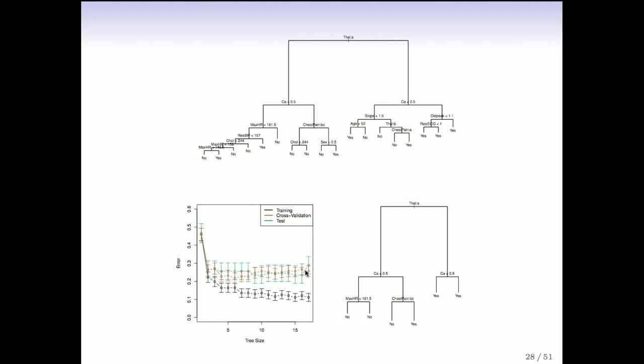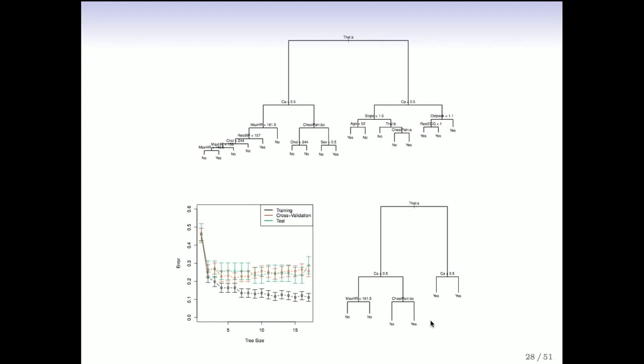The cross-validation and test error, we had a left-out test set here as well. Those curves look pretty much the same, and we end up seeing that a tree size of around about 6 tends to do well. These bars on these cross-validation and test curves are standard error bars, so there's quite a bit of variability here. The data set's not that big.